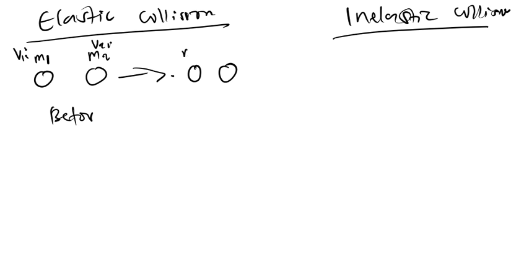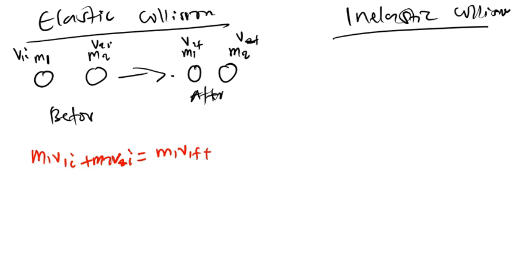After collision, m1 has v1 final and m2 has v2 final. So after collision, the two marbles are moving separately. That is elastic collision, and the formula goes like this: m1 v1 initial plus m2 v2 initial is equal to m1 v1 final plus m2 v2 final. This is the formula that we use under elastic collision.